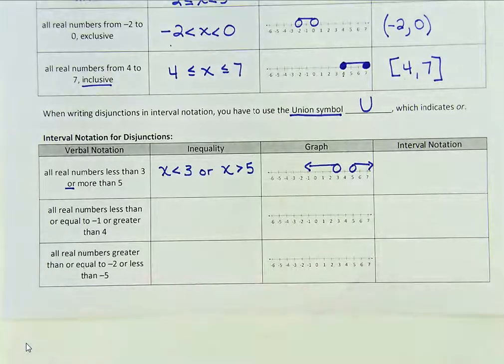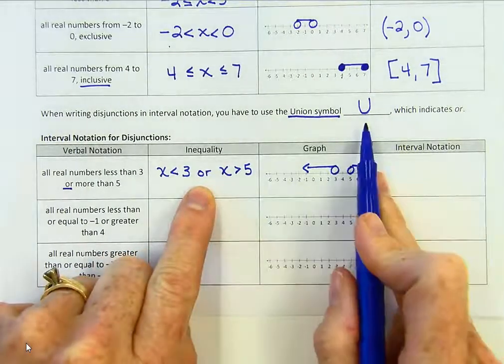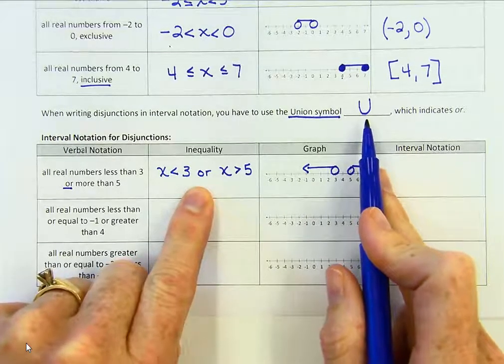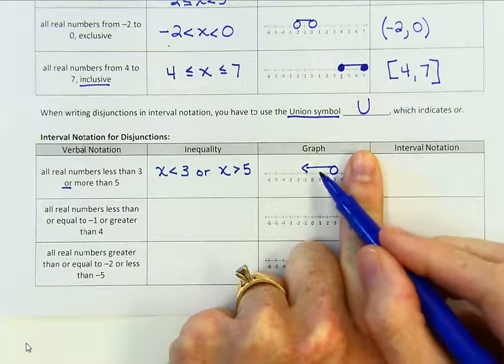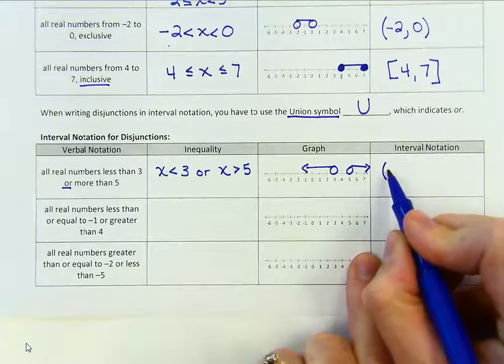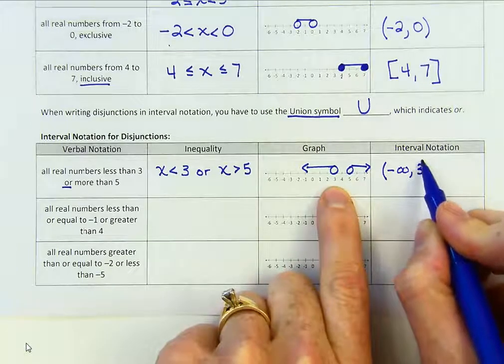Now this one you can clearly see you have two pieces with the word or, but we don't use the word or anymore, we use the union symbol. So we have to focus on each side. So this side is going to negative infinity. So we do an open parenthesis, negative infinity, up to 3. 3 is open.